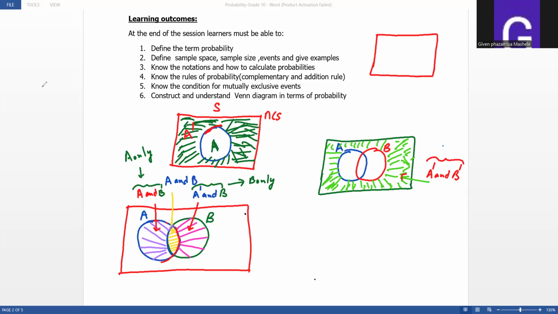How about when we have event A and we have event B with the intersection? Now I want to shade this whole area here. What would be this whole area?